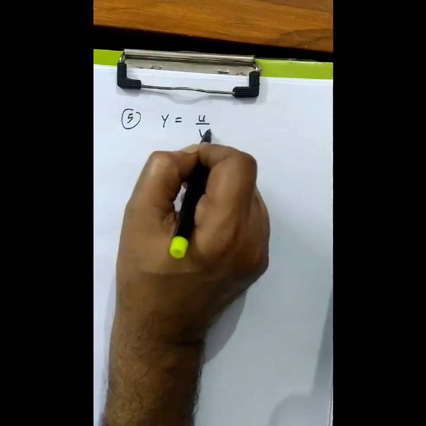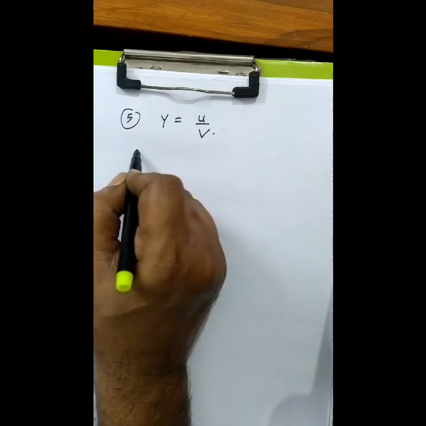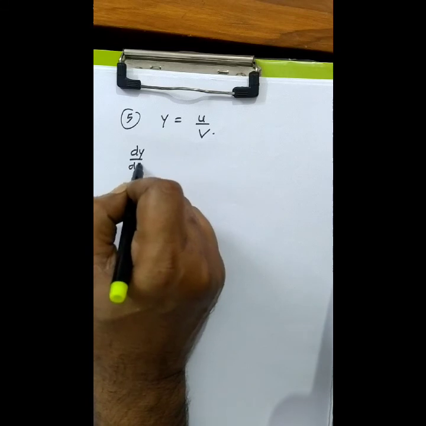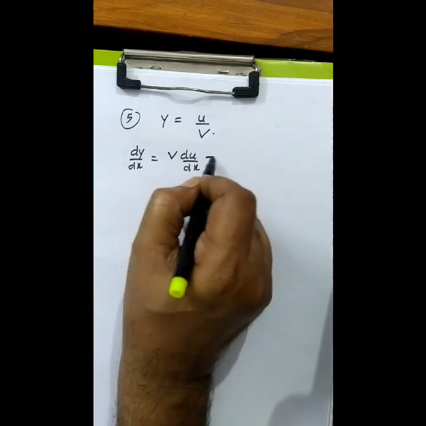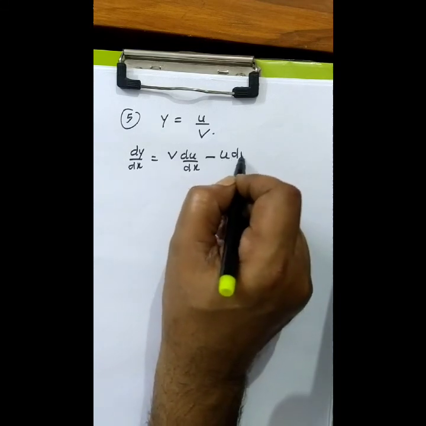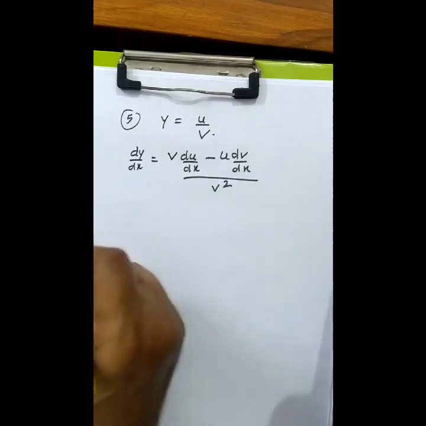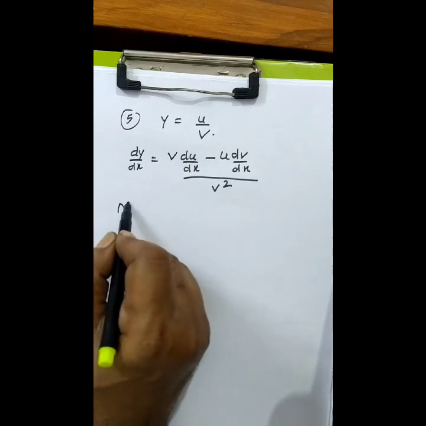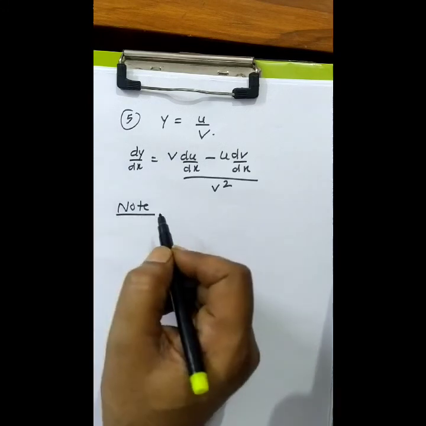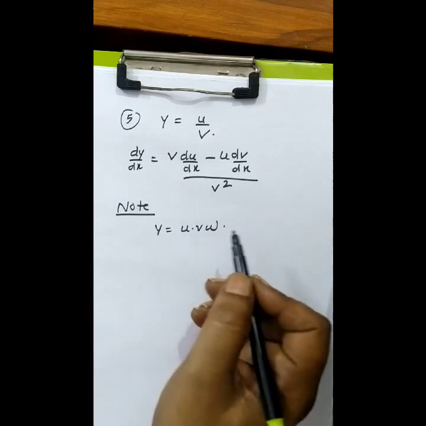u by v. So it is division of two functions where u and v are functions. So we can write dy by dx equals v into du by dx minus u into dv by dx, divided by v square. V into du by dx minus u into dv by dx divided by v square. Here I will write one note: the formula for y equals uvw I have already given.